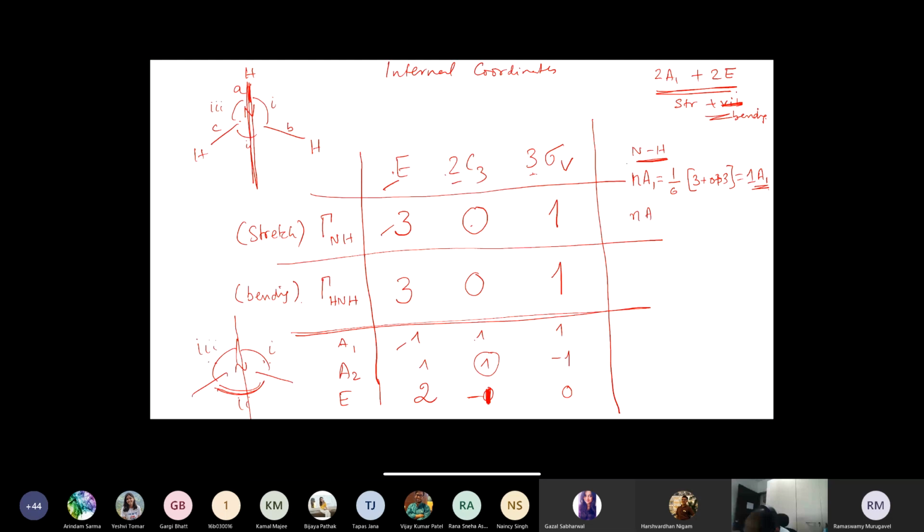So now A2, 1 by 6. I take the E multiplied by tau NH with this row. So it will be 1 into 3 into 1, so 3. 2 into 0 into 1.